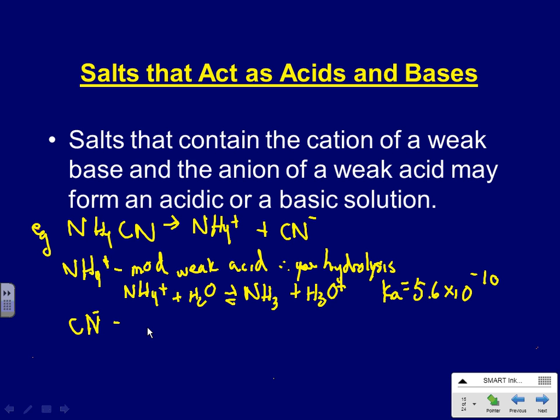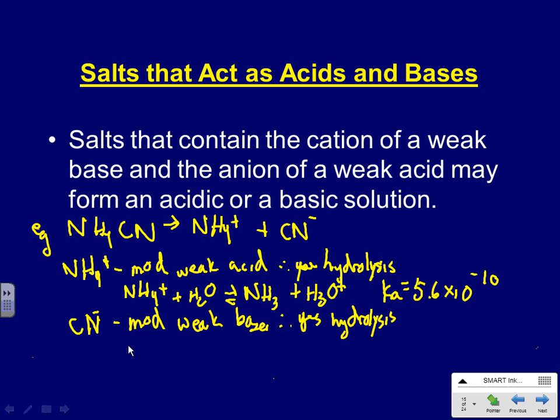That's still a stronger base, but it's still not in the strong region. We're still calling that moderately weak. Moderately weak base. Therefore, yes, hydrolysis.